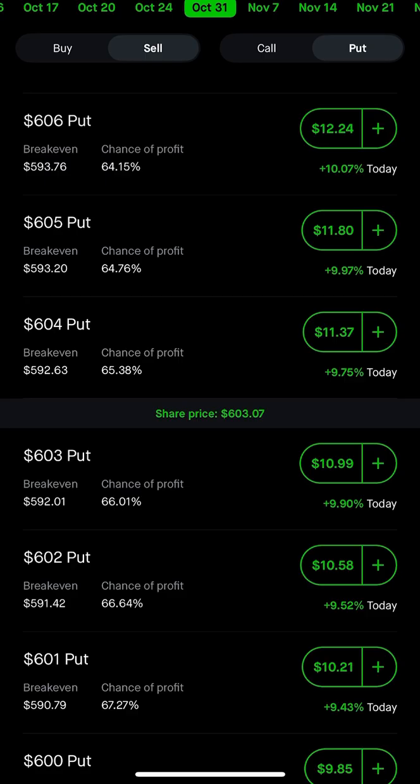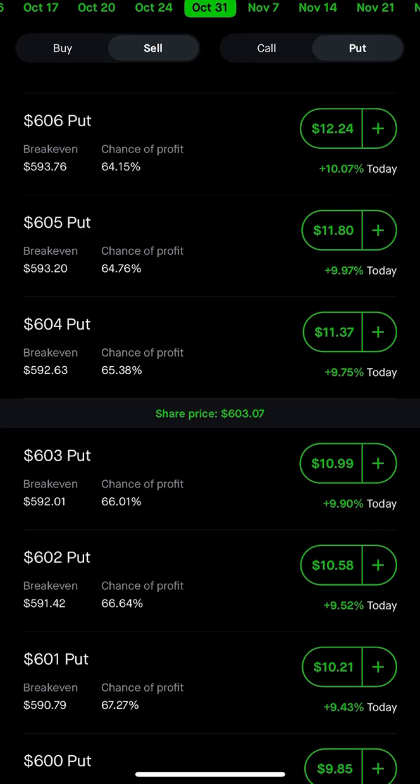Another concept that we want to talk about is extrinsic value. So that's the difference between the market price of an option and its intrinsic value. So you add the extrinsic value onto the intrinsic value, and that gives you the total value.